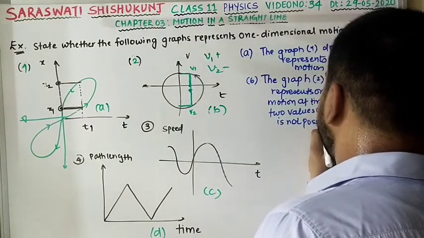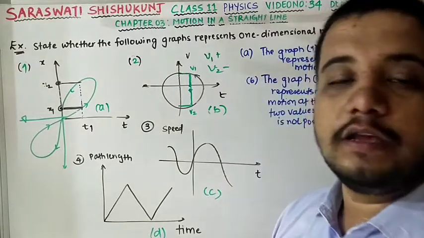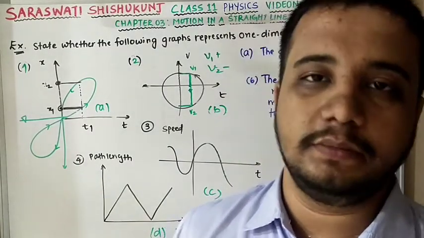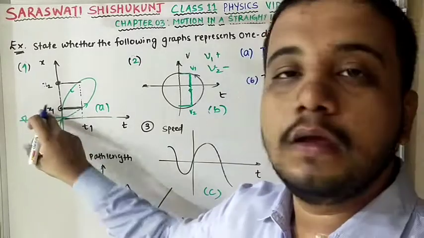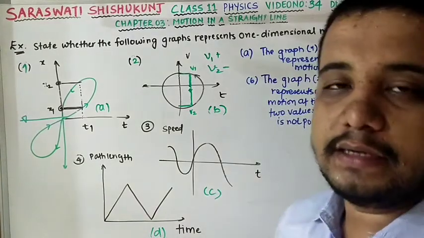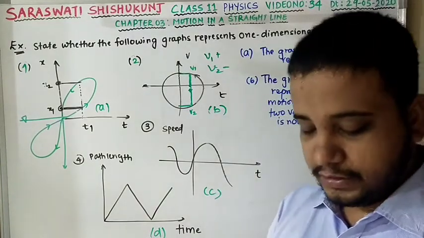Till this clear? In the first we have not given the reason. What is the reason? At any time instant two positions are not possible, that's why this graph is not one-dimensional motion. So here you can write the reason that at a single time two positions are not possible.